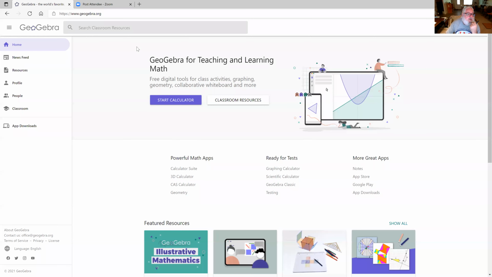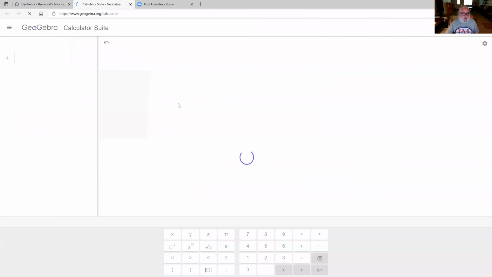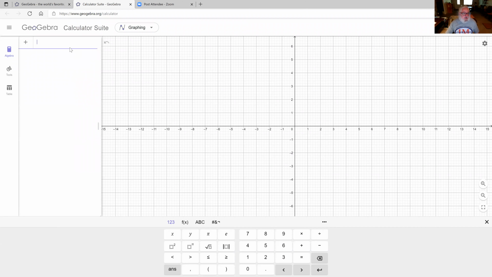So if you plug in www.geogebra.org, it gets you this, start calculator, and here is the calculator. And you can type in all sorts of things. I'm going to type in a particular function. Y equals, I'm going to go down here and get the square root sign. Square root of x plus 4 quantity minus 3.